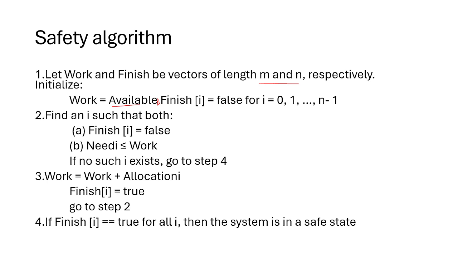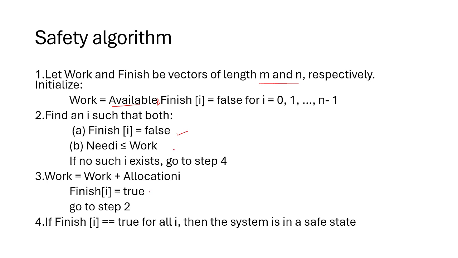Initially, none of the threads have completed their execution, so we initialize Finish[i] equal to false. Now find an i such that Finish[i] is false, that is, it has not completed its execution, and Need[i] is less than or equal to Work. Work is the available resources. If the current need is less than or equal to Work, then the thread can start its execution.